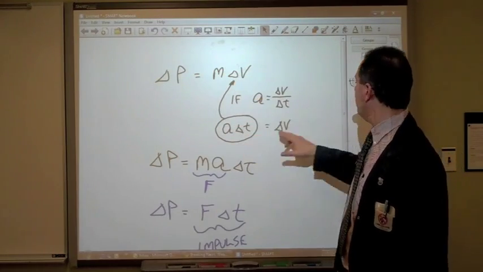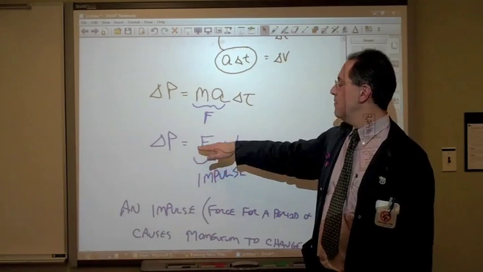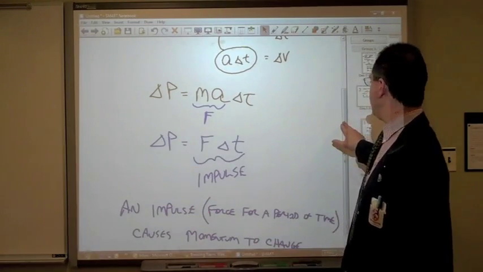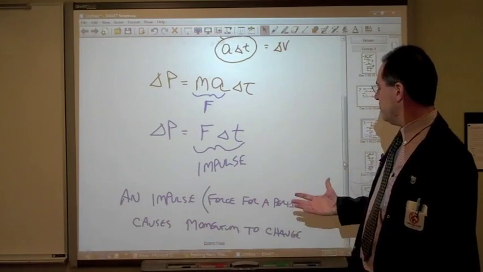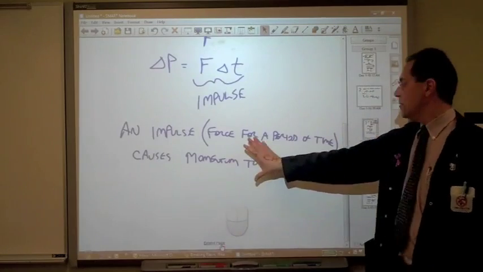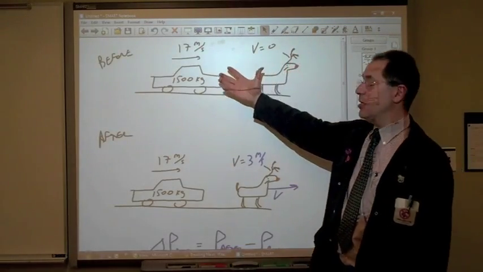We derived a formula for change in momentum, and we called it impulse. Force times the change in time is the change in momentum. An impulse or a force for a period of time causes momentum to change. Right? That's our concept. We applied that discussion to the deer in the car.